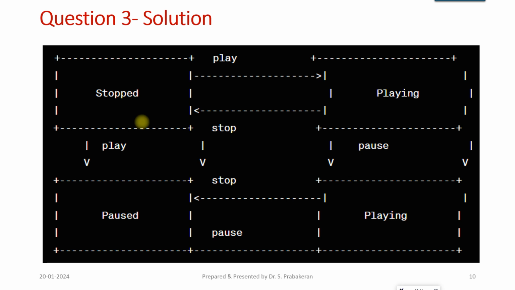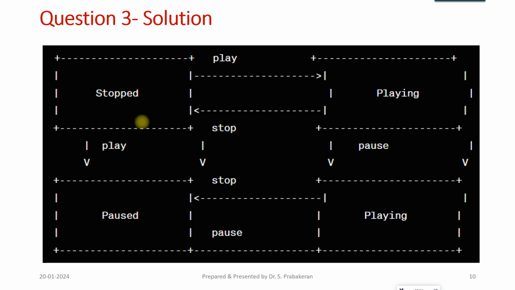And now we have a transition from pause to playing, triggered by the play event. The action here is to resume playing the paused video. The important thing to understand is that when the play button is pressed while in the pause state, the player transitions back to playing mode and resumes the media playback.